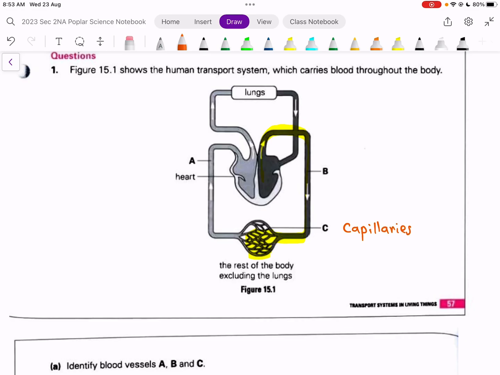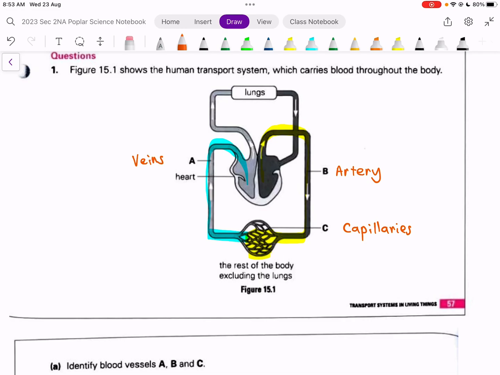Blood coming out of the heart is your artery. Then blood going back to the heart is your veins.